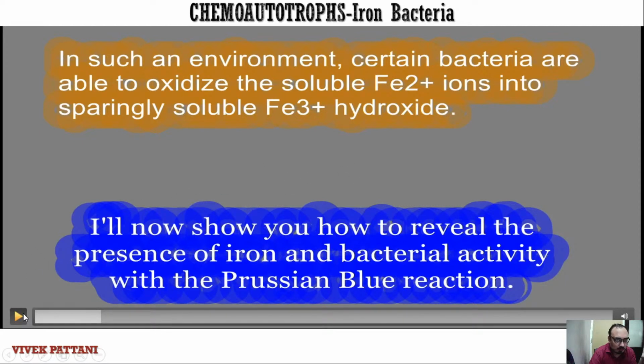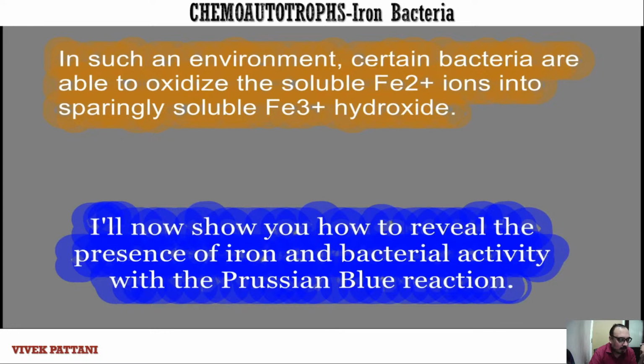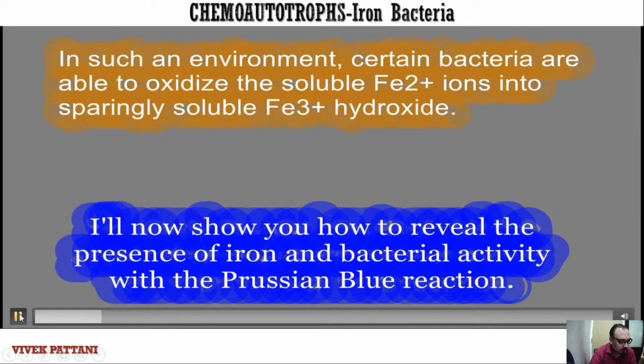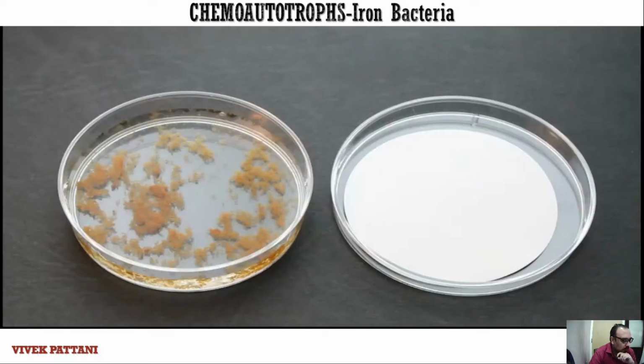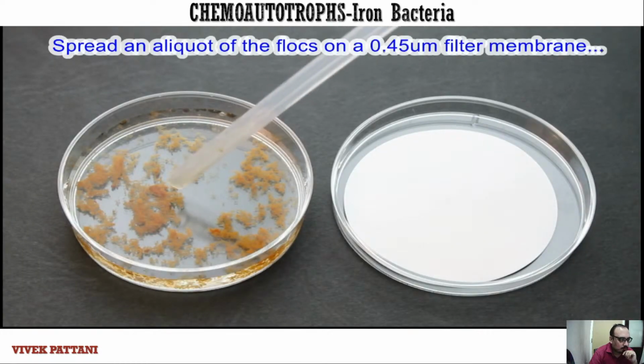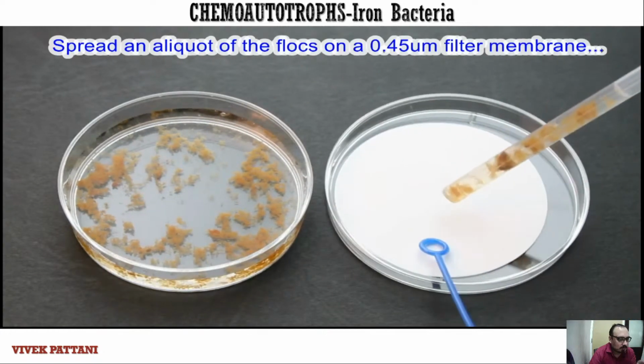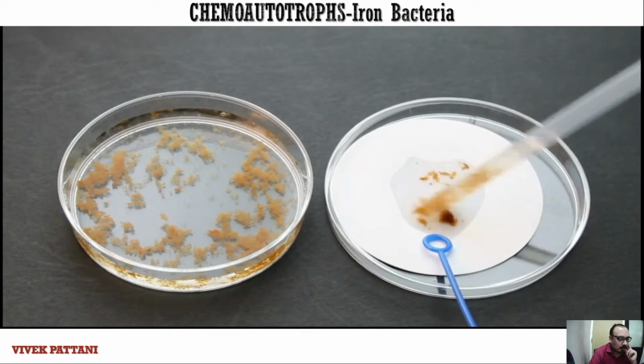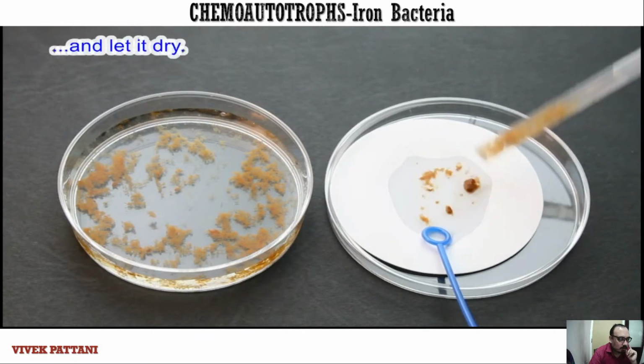In such an environment, bacteria are able to oxidize the soluble ferrous iron into sparingly soluble Fe3+ hydroxides. Now in this video, the presence of iron and bacterial activity is shown with the Prussian blue reaction, which you may have studied in school. These iron oxides are passed through a 0.45 micrometer membrane.